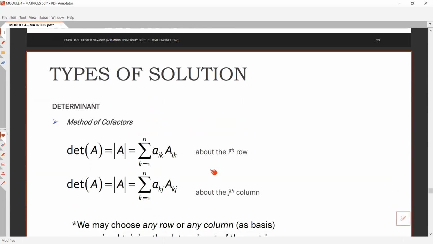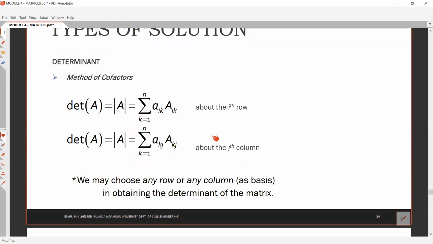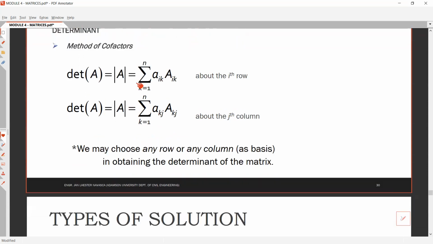Okay, so for getting the determinant using the method of cofactors, determinant of A is equals to the sum of Aik times the cofactor, from k is equals to 1 up to n, about the j column. So we may choose any row or any column as a basis in obtaining the determinant of the matrix.